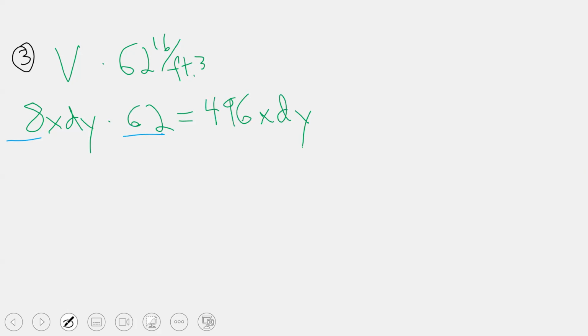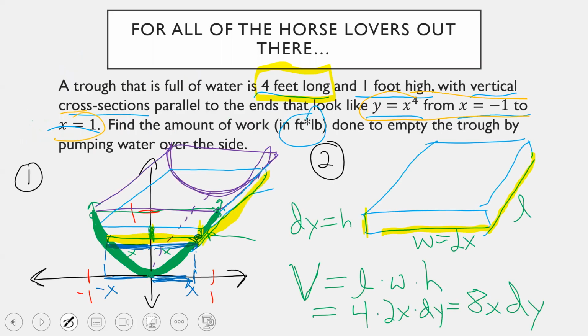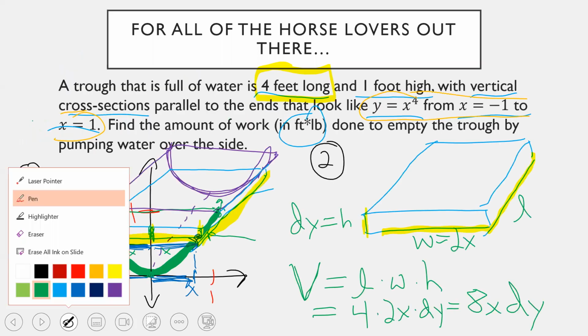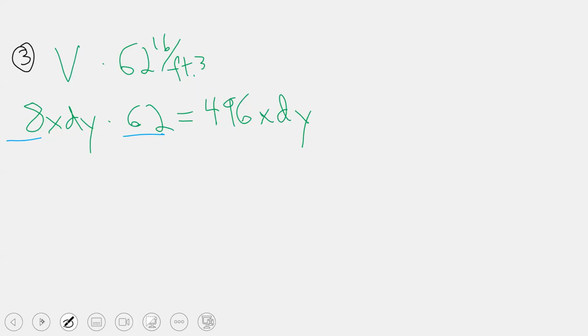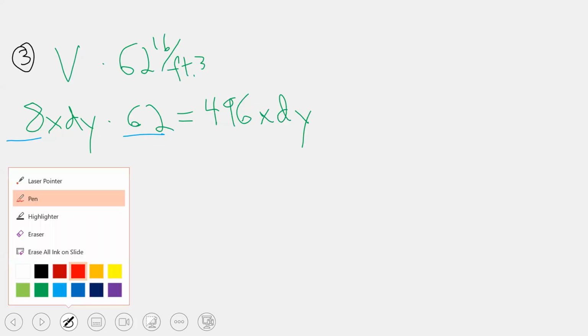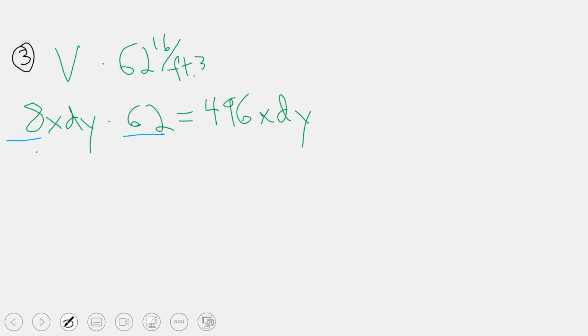In case you're wondering what's going on there, first I want to go back here. Notice first of all that all the information we were given in the problem is in terms of feet. So it's 4 feet long, it's 1 foot high. And we can expect that all the distances here are in feet. So when we find a volume, volume is units cubed, so that's going to be feet cubed. When we multiply by that weight density of water, I told you the units of that were pounds per feet cubed.